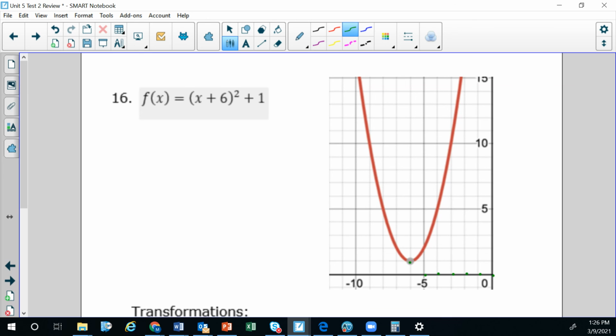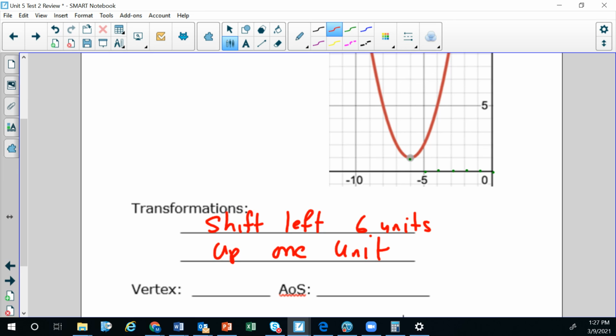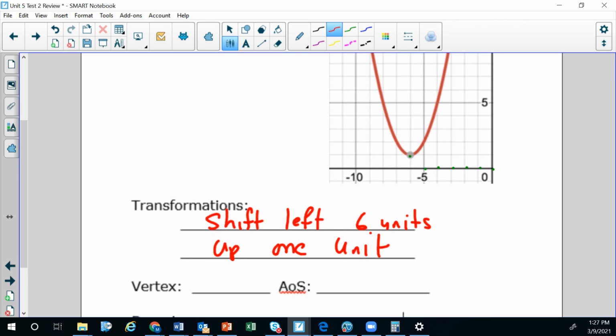So shift left 6 units, and up 1 unit. And vertex, the vertex is going to be -6, comma 1.